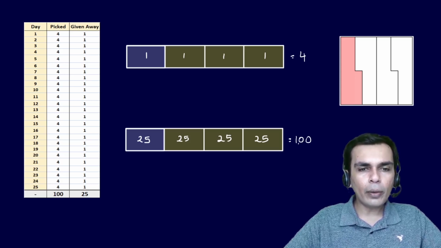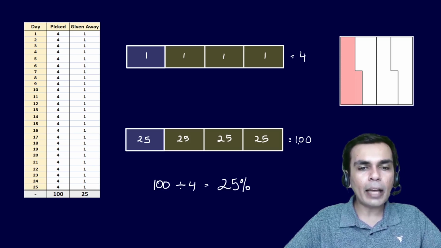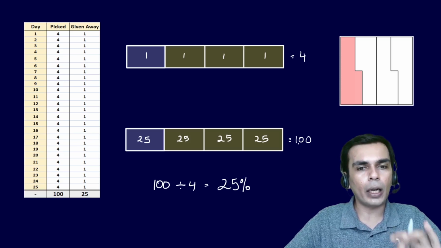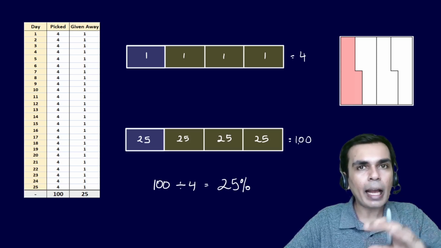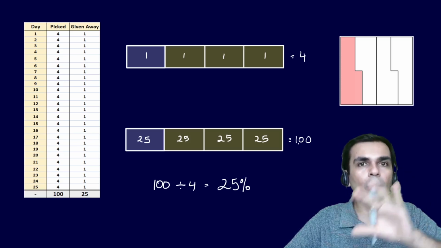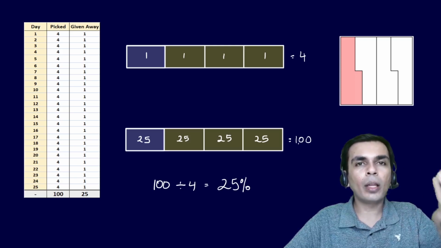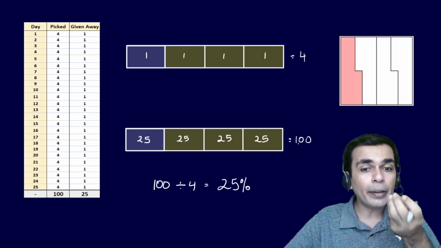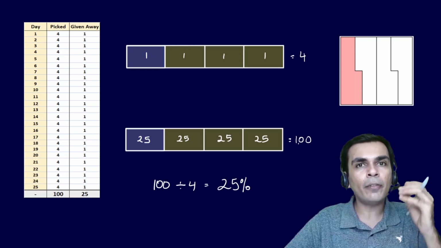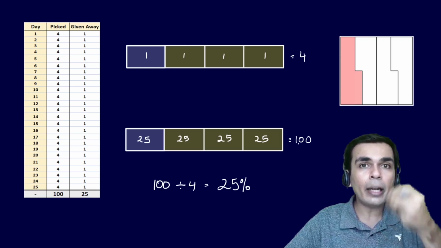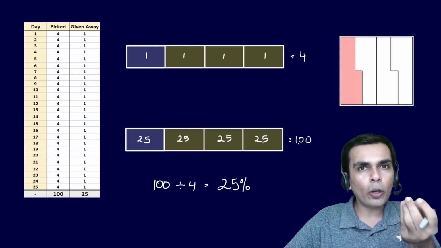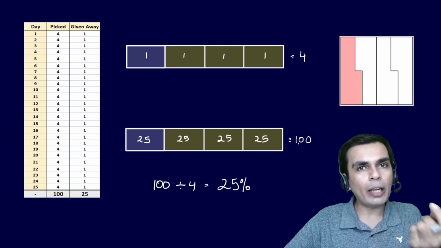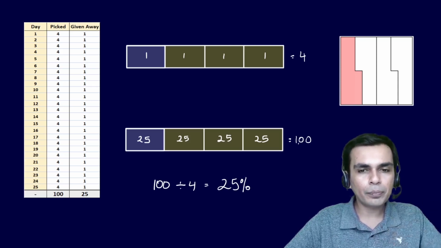So I would say 100 divided by 4 is 25%, 25 per 100. It means for the 100 I have 4 equal parts, and one of them will be that. If I break 100 into 4 parts, it will be 25. So if 100 is broken into 25 each, then 1 will be 25. So 25%.